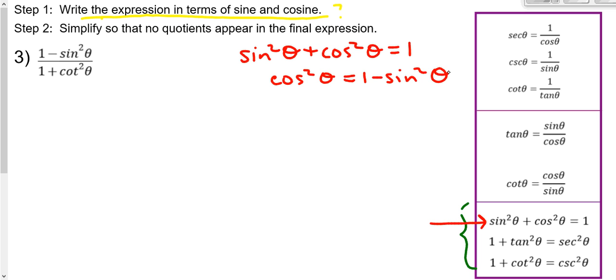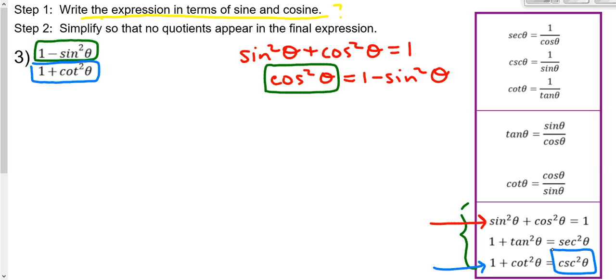So we're going to be able to replace 1 minus sine squared theta with cosine squared theta. And then notice, you have another Pythagorean identity, 1 plus cotangent squared theta equals cosecant squared theta. So we can replace 1 plus cotangent squared theta with cosecant squared theta. Let's do both of those substitutions.